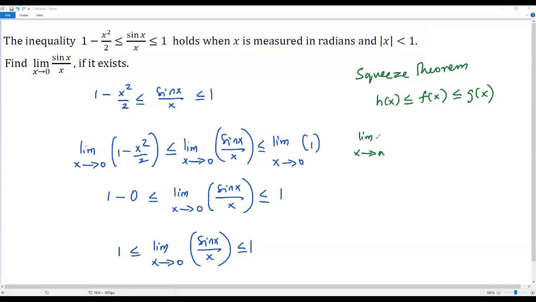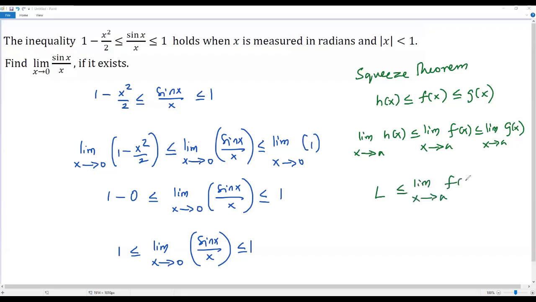That is, limit as x tends to a of h(x) ≤ limit of f(x) ≤ limit of g(x). Let's say the value of the limit of h(x) is capital L, and also the value of the limit of g(x) is also capital L.